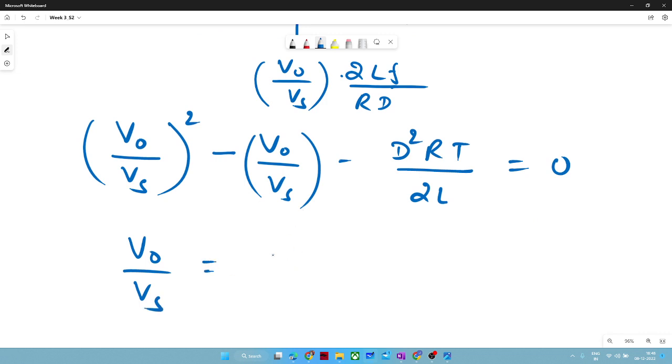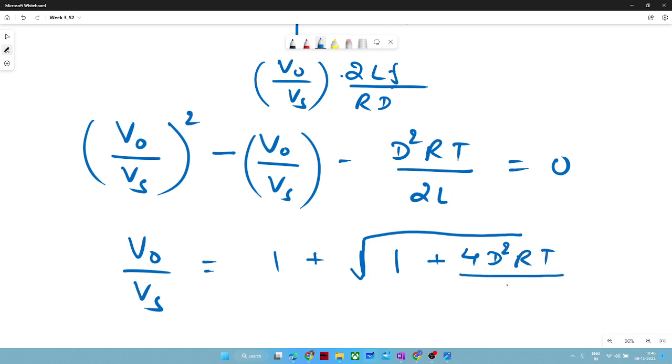That would be nothing but minus b plus under root b square minus 4ac, 4 into a into c, so 4 into D square into RT by 2L.